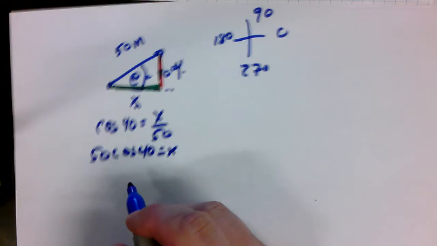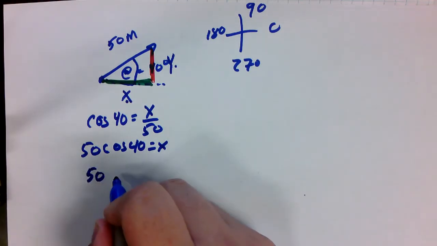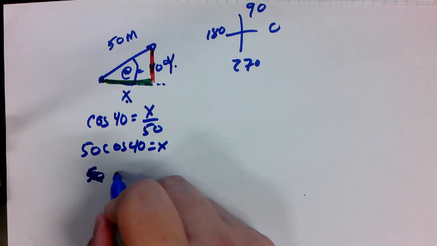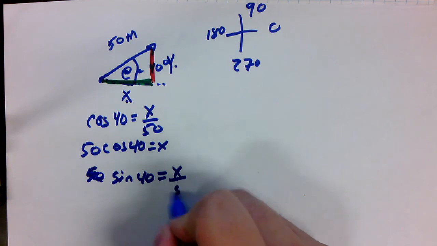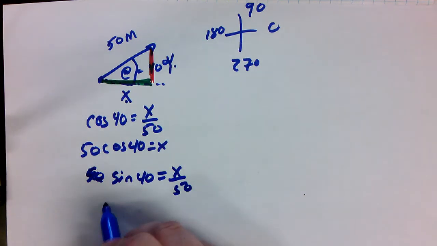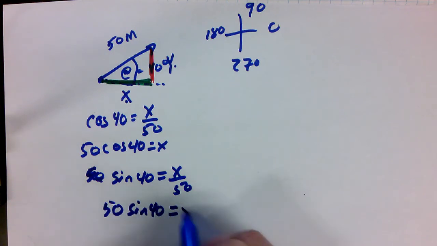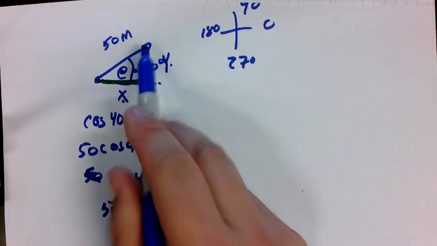You would say the sine of 40 is equal to y over 50, and then you multiply both sides by 50, and you would say 50 sine 40 is equal to y. You would plug that into your calculator and get the values, and that would represent the length of x and the length of y.